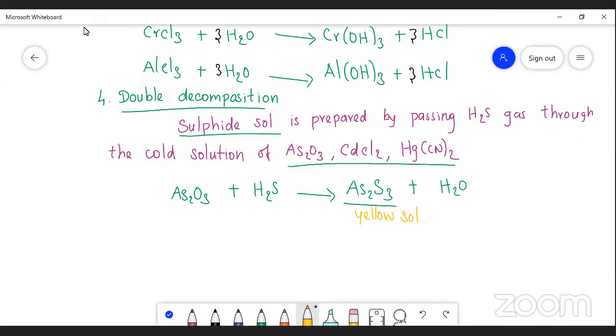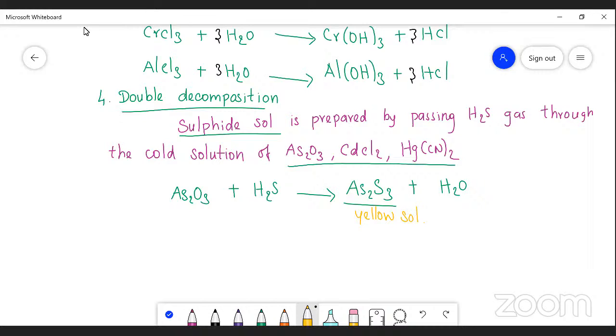Now we are passing hydrogen sulfide gas through the arsenious oxide, and the yellow salt of arsenious sulfide is formed. The intensity of the yellow color is maximized by passing hydrogen sulfide. When maximum intensity is attained, we may stop passing the hydrogen sulfide gas.